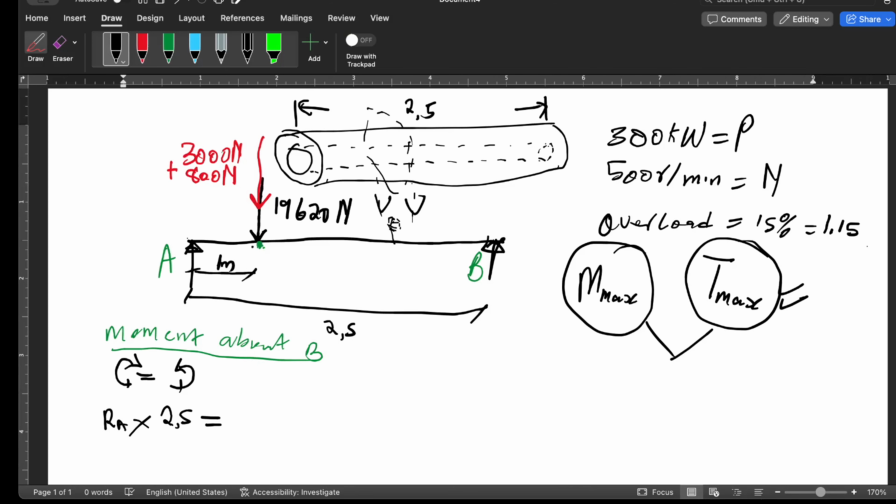Again, they are acting on one point. 23,420 times 1. Agree, from here to here is 2.5. From there to here is 1. What about from there to there? 1.5.